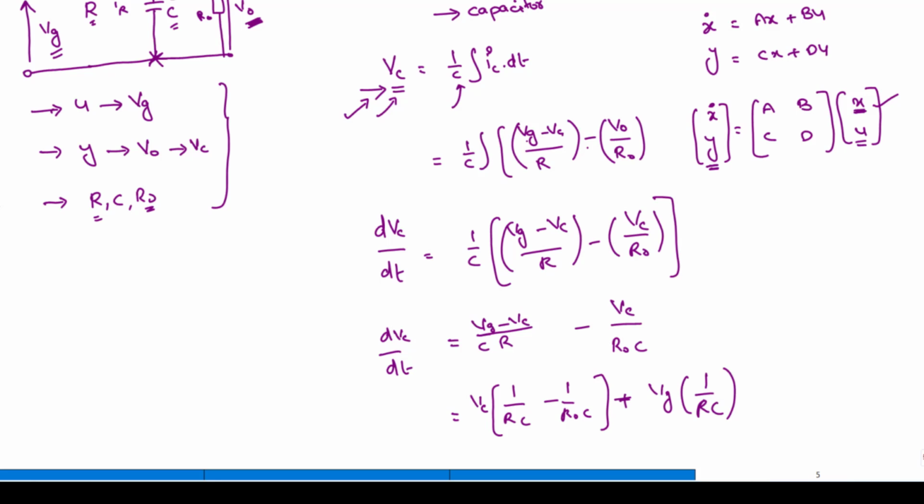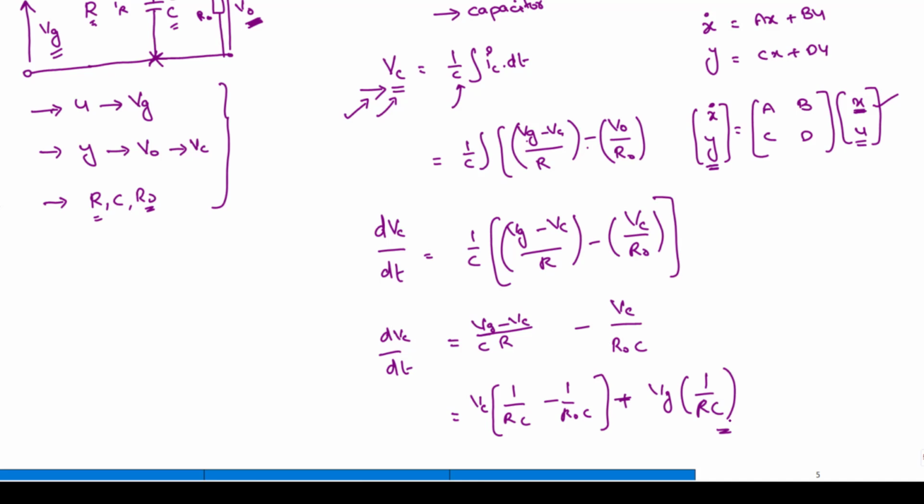There is no harm whether you take Vg minus V0 by R or Vc minus V0 by R, but it depends upon how the current is flowing. Now the current is flowing in this direction, so this is high potential, this is low potential. Depending upon the potential difference, this minus will be decided.